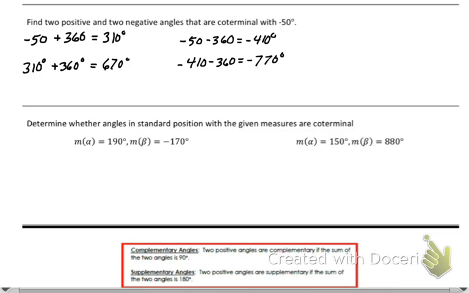The next one says determine whether the angles in standard position with the given measures are coterminal. Can someone tell me whether they think these are coterminal or not?